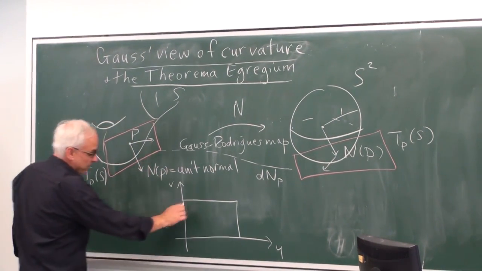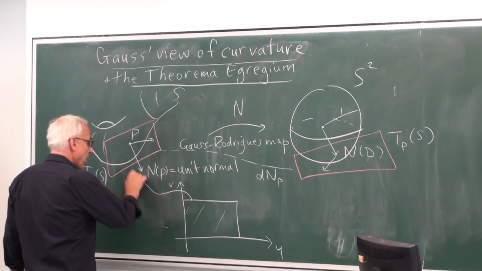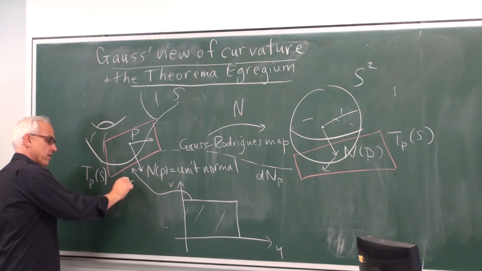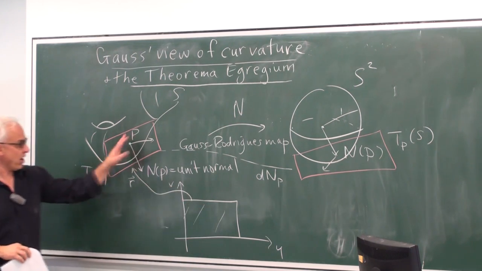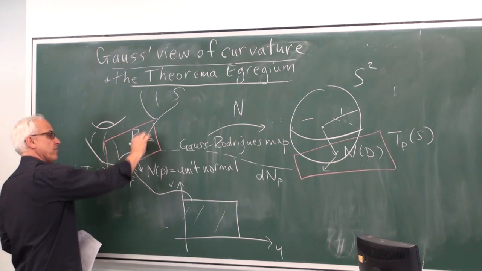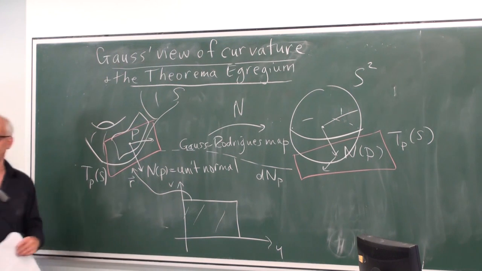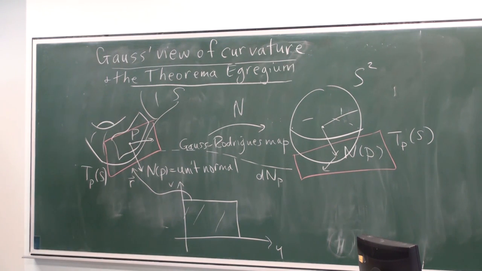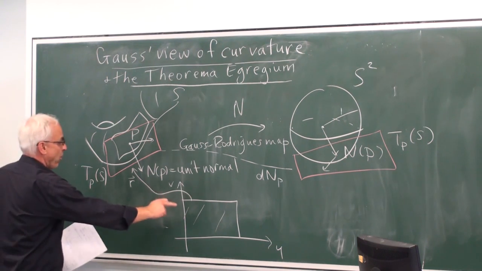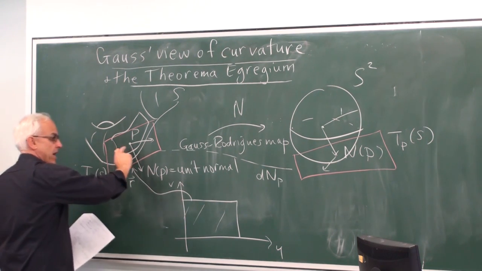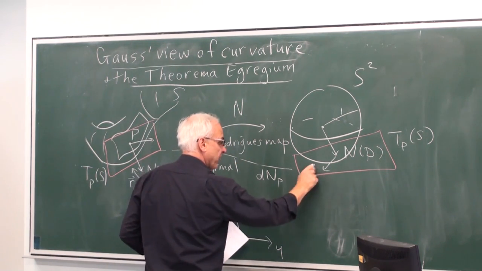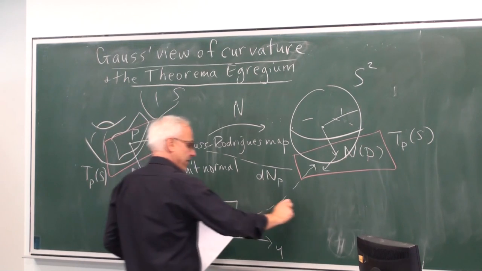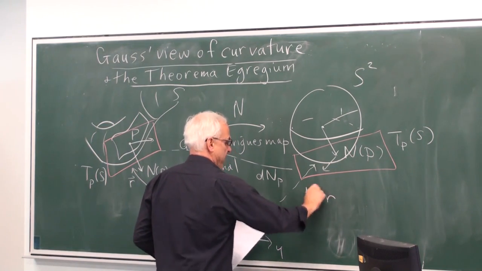And we have some coordinate chart R, which is actually a vector valued function, that takes this rectangle onto a piece of the surface, including our point P. And of course, we could compose this. We could go first with R and then with N. So we could also think of this map here, which would be R composed with N.